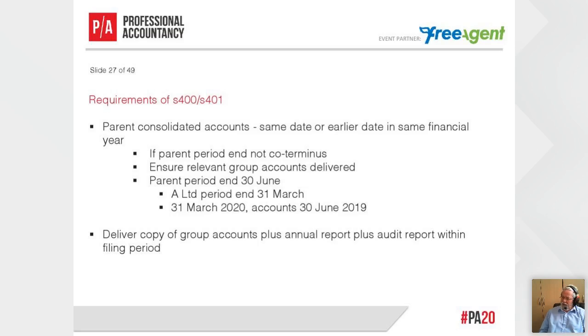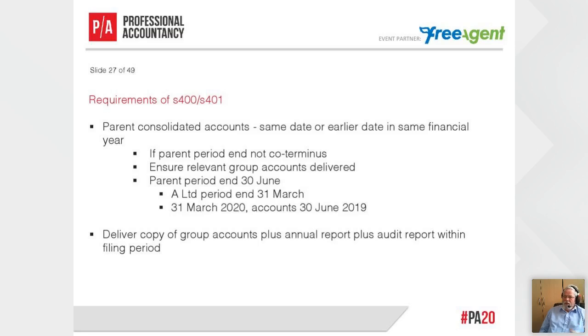But perhaps more importantly, in order to be able to use the exemptions of either section 400 or 401, we also have to deliver the group accounts to the registrar of companies, and it has to be for the relevant period end.